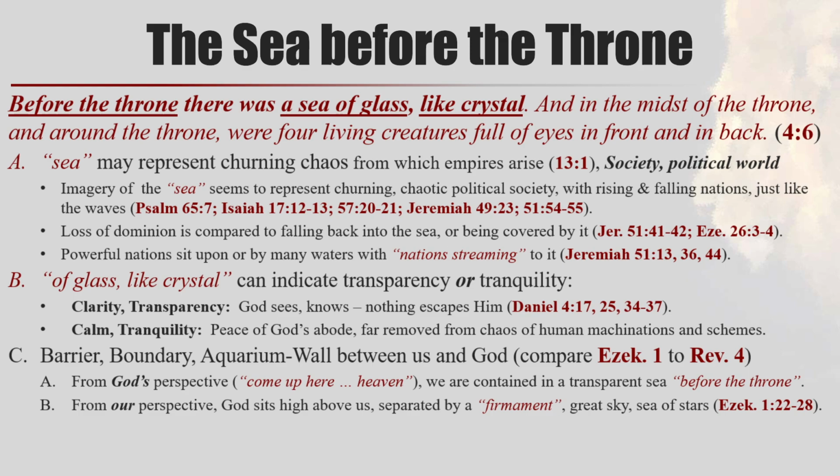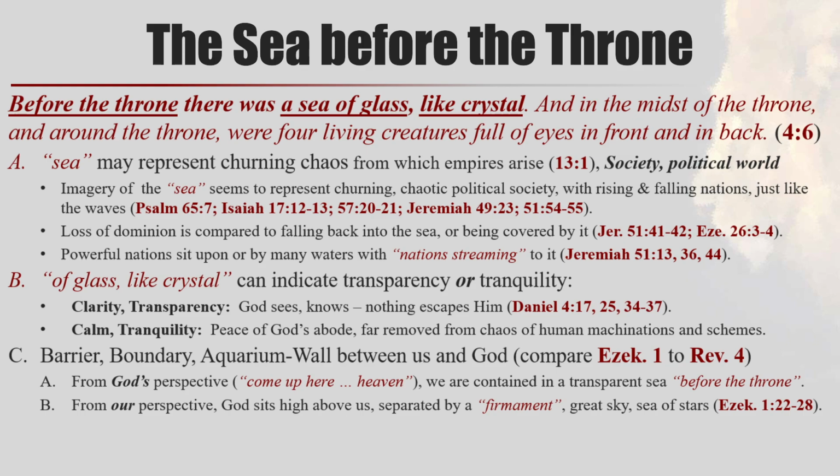If you think about where we are, remember, we're at God's perspective, we're in heaven looking down. So we appear as a sea before God. But when Ezekiel is on earth and he's looking up at God and the appearance of the cherubim and all of that, he sees God and he's separated by a sky.